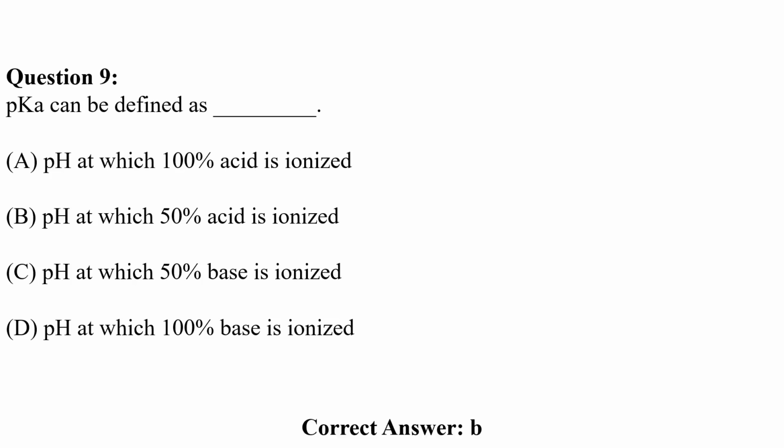So I told you pKa means the dissociation constant, so any dissociation constant for an acid. Similarly, we have another term called pKb, the dissociation constant for a base. So for pKb, it would be the pH at which 50% base is ionized.